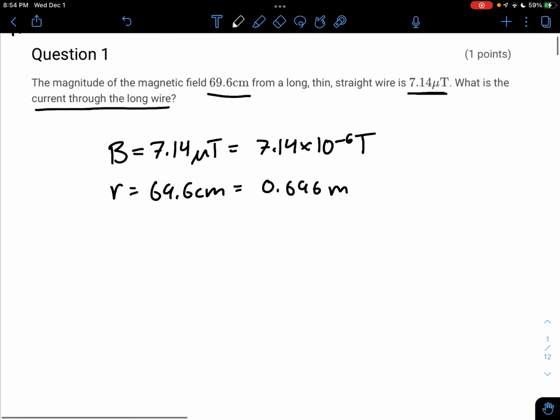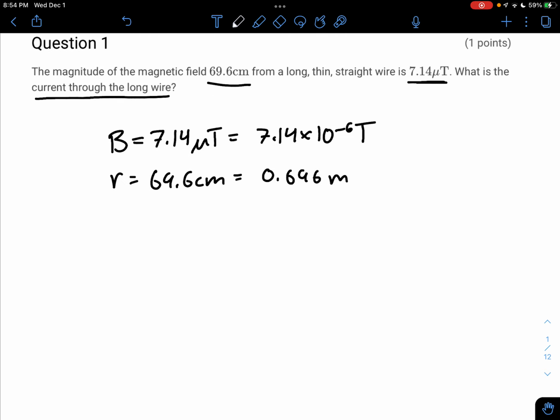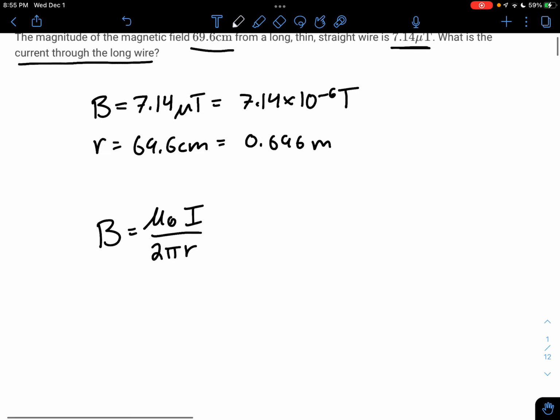0.696 meters. And then for a long, thin, straight wire, we're going to use the equation B equals mu naught I over 2 pi r. We're given r, we're given B, and mu naught, 2, and pi are all constants.